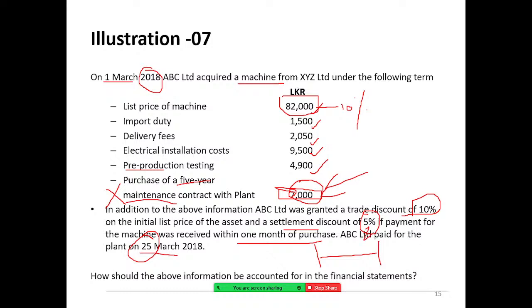Anyhow, this 5% cash discount will be treated as income, and we do not deduct it from this cost. Therefore the cost elements of this machine are list price, import duty, delivery fees, electrical installation cost, pre-production and testing cost, and that's all, right?